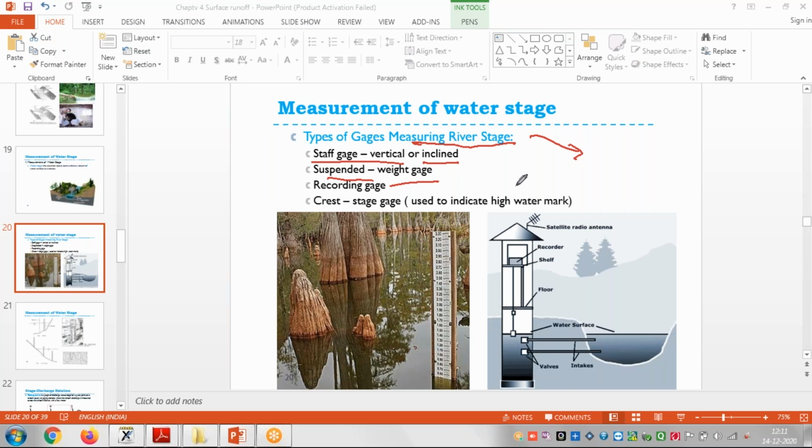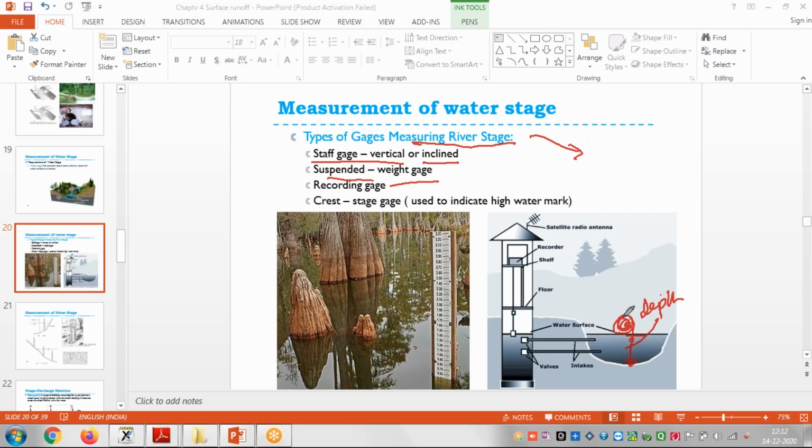What is this actually? Sometimes a rope is suspended here, and this rope is inserted into the water depth, and then the depth is calculated, right? And how do we calculate it?